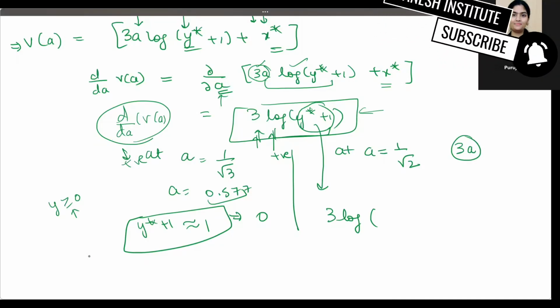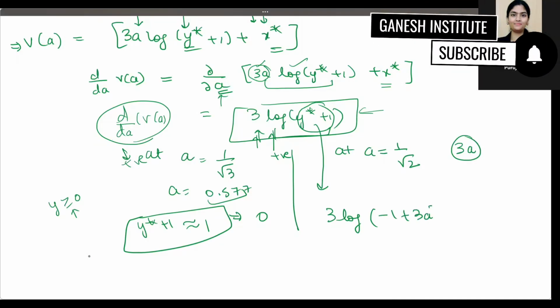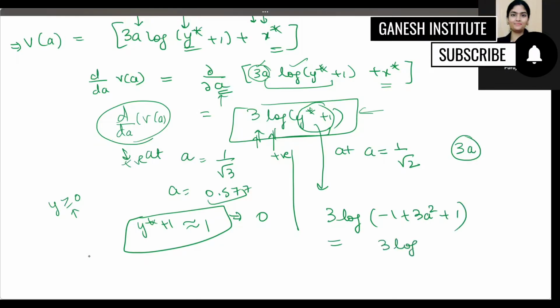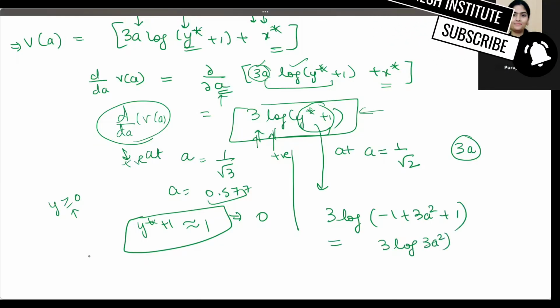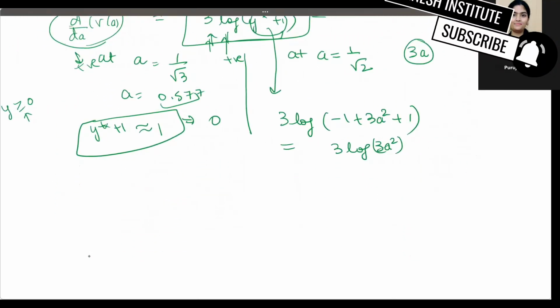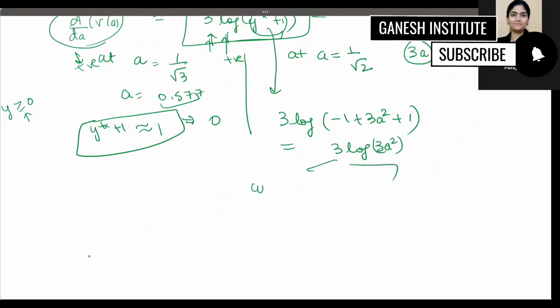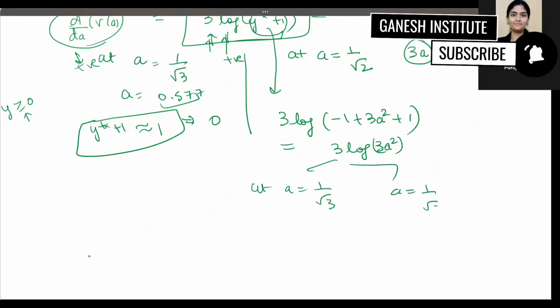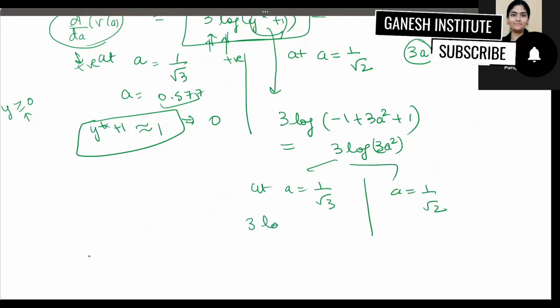Minus 1 plus 3a square plus 1. Now substitute the value. Tell me the answer.